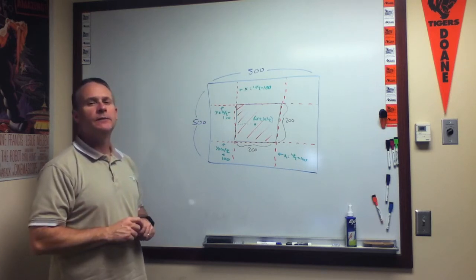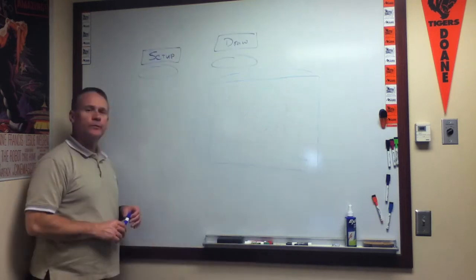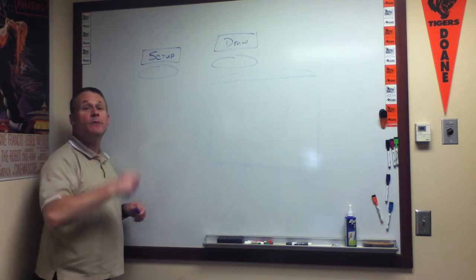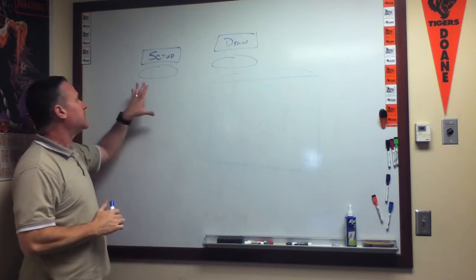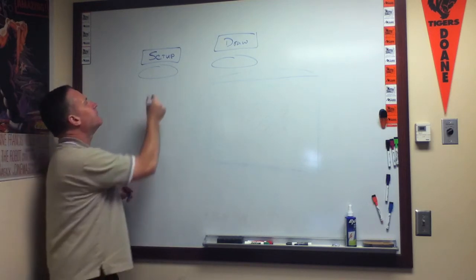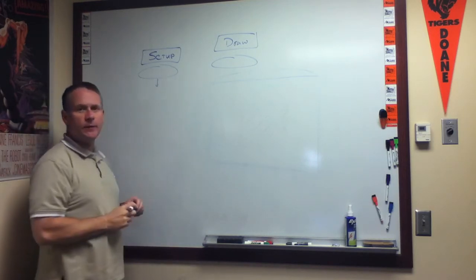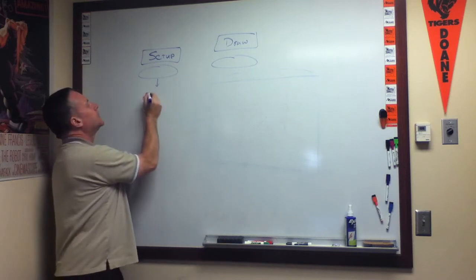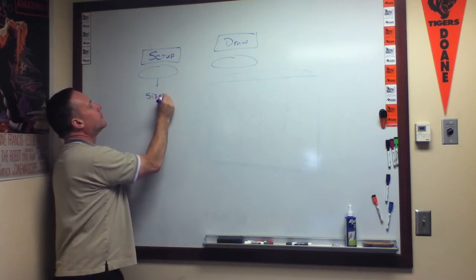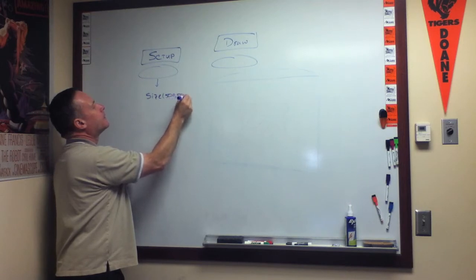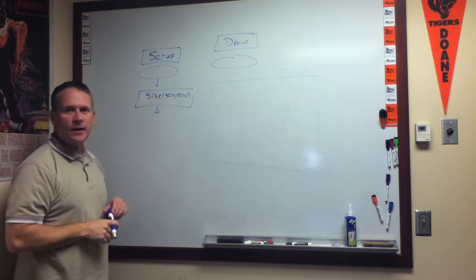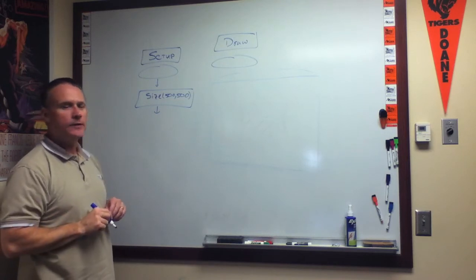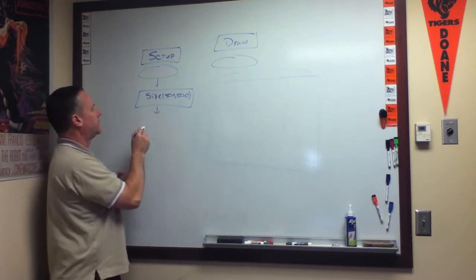So let's put that into some flowcharts and see how this goes. For this example, we're going to need two methods: our setup method and our draw method. The things that we do in setup are pretty banal, not very exciting, but we'll put them down anyway so we understand. We're going to size our window. And then let's set the stroke color that we're going to use for our line.